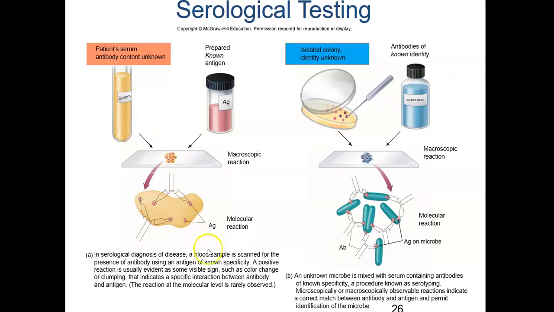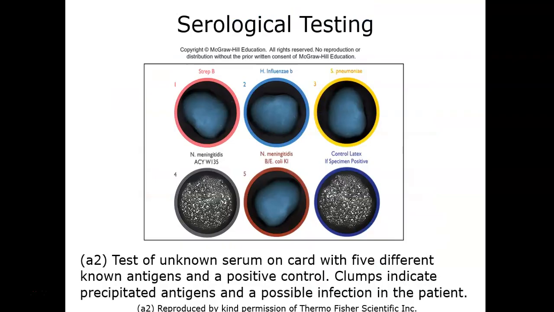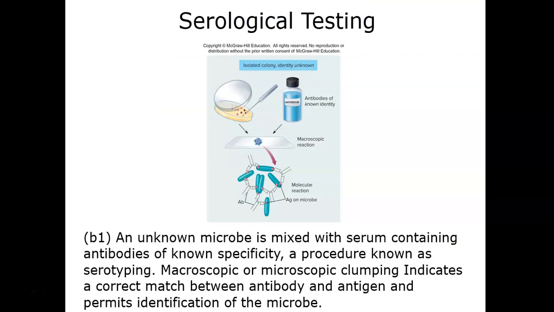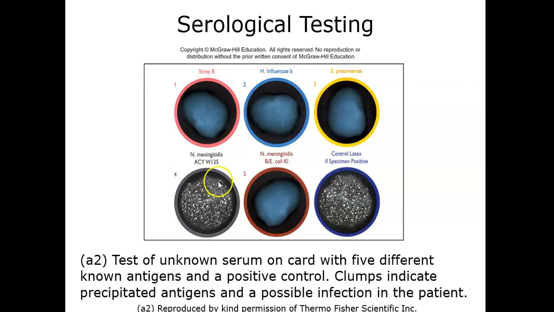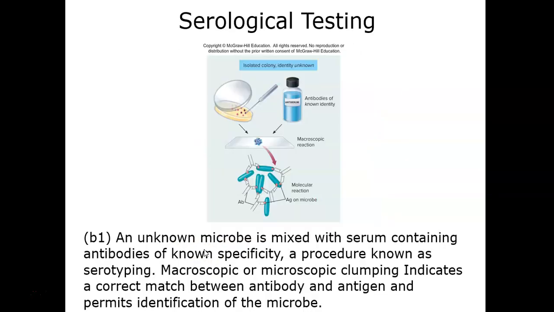In this case here, it may be a color change or clumping, something that's visible to us to tell us that this reaction between antigen and antibody is occurring. So again, we've talked about this clumping, or it looks almost like bubbling, indicating that the antigen and antibody have had a reaction.